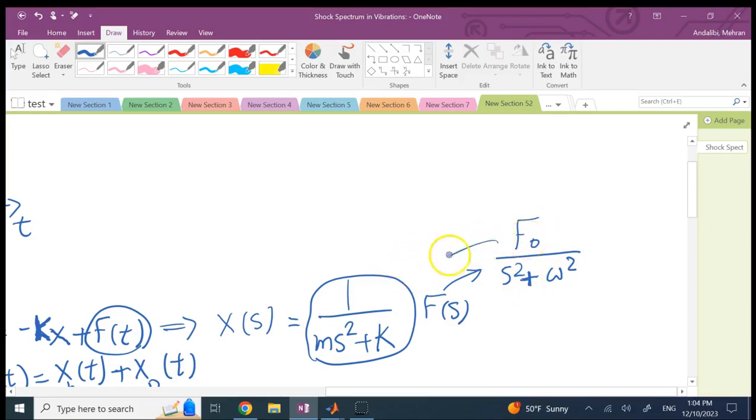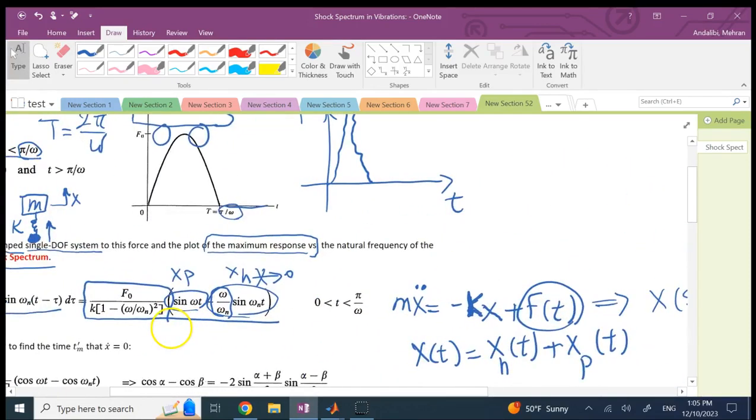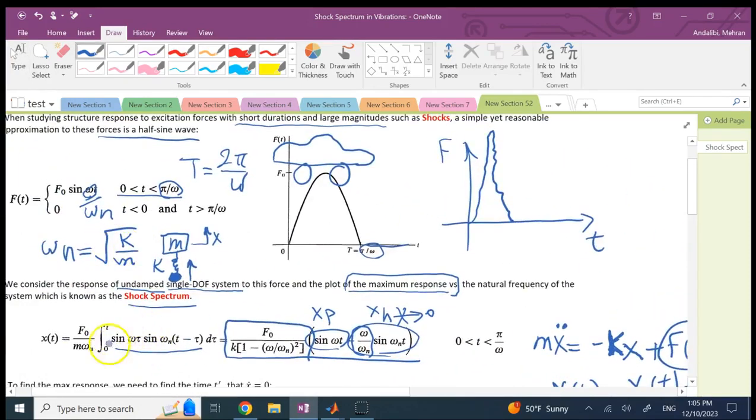So you need to multiply these two things together, and then x of t, if you want, is going to be the convolution of this one in the t domain and that one in the t domain, and this is what you have over here. Okay, right? This is for that sine term.